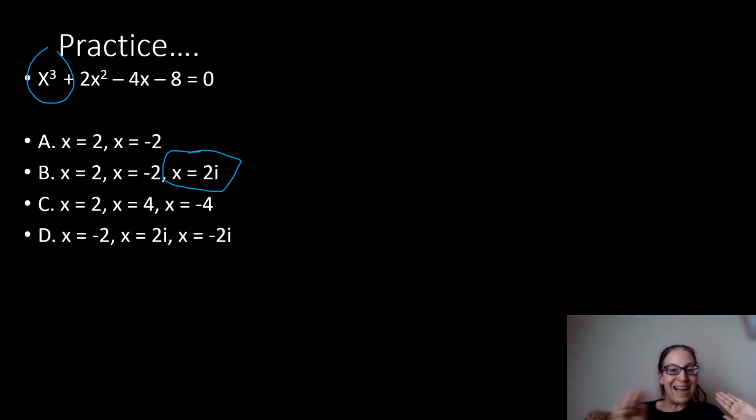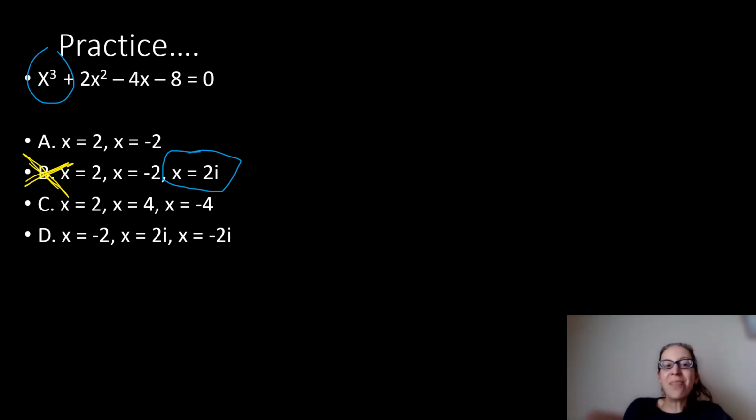It is not possible for it to have 2 real solutions and 1 complex solution. Okay, that is not one of the things. So don't pick answer choice B. If you did pick answer choice B, make sure you make that correction now and also write down why we're not doing answer choice B.